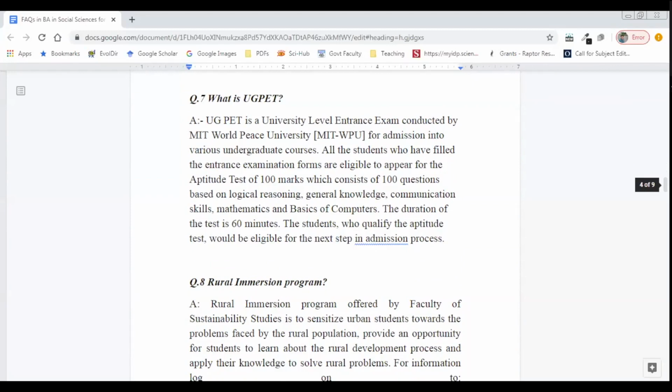That's the minimum eligibility level. There are also some diplomas which are on par with the +2, and those are also eligible. So that's the minimum requirement. And probably I might invite Aparna ma'am to give further details. Thank you.